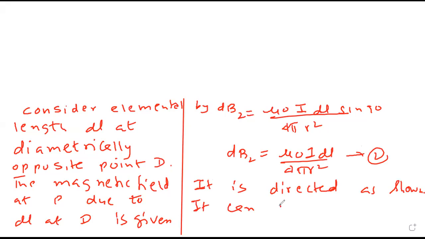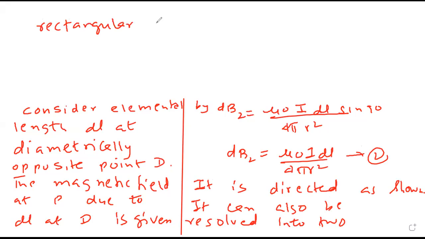It can also be resolved into two rectangular components, dB2 cos phi and dB2 sin phi.